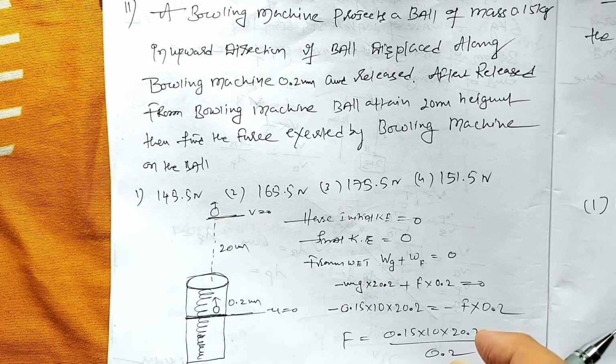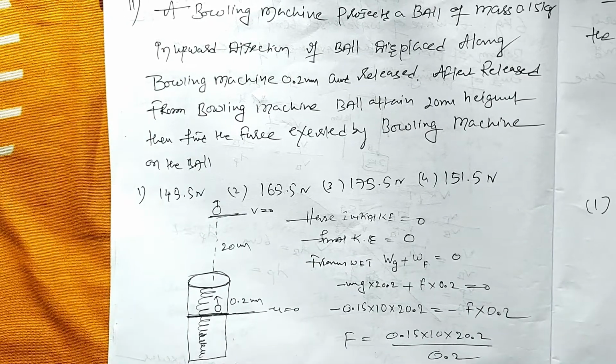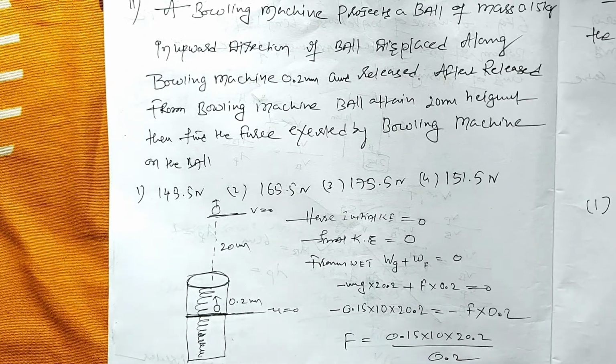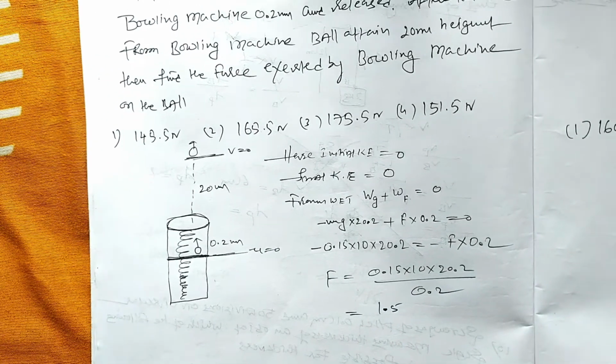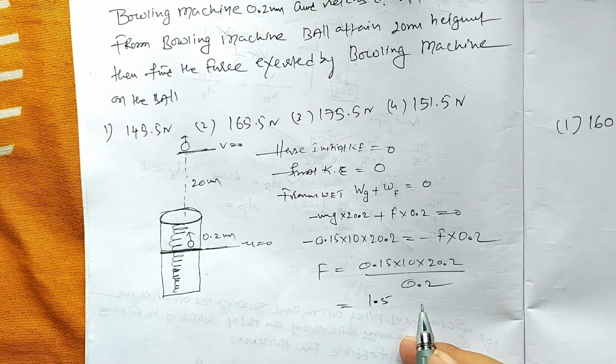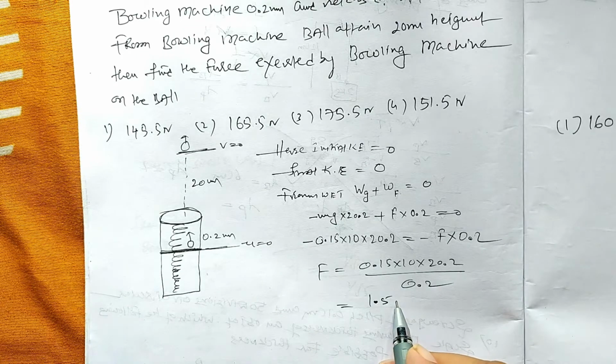So 10 into 0.15 is 1.5, and 1.5 into 20.2 is equal to 202.